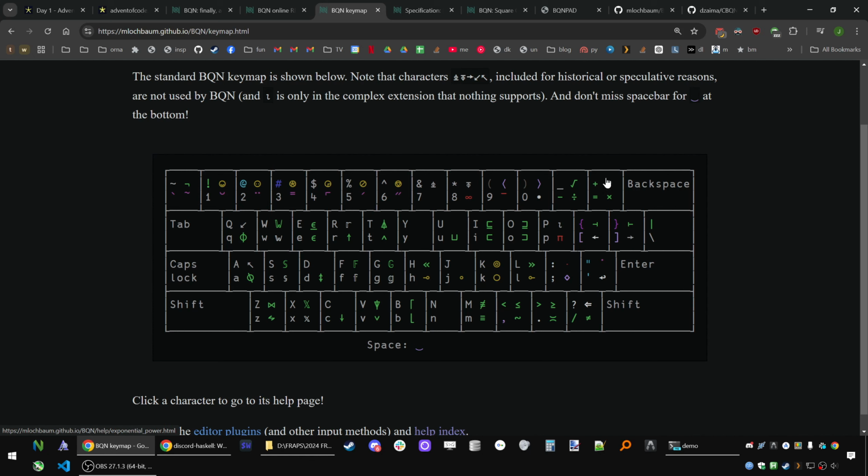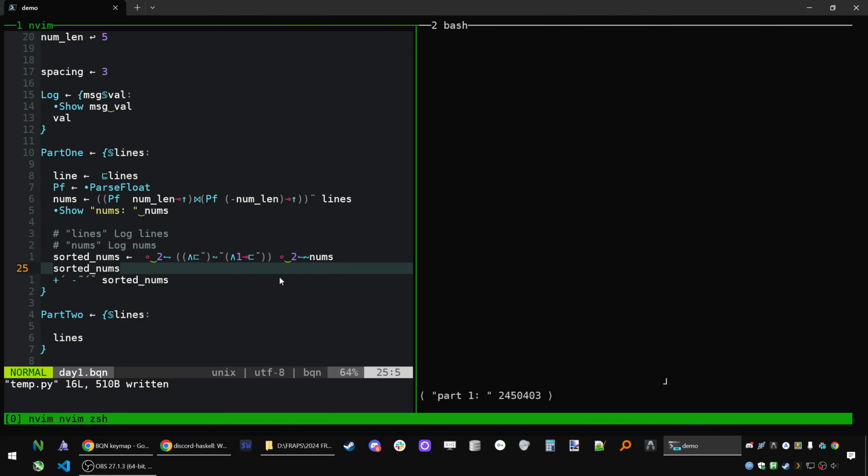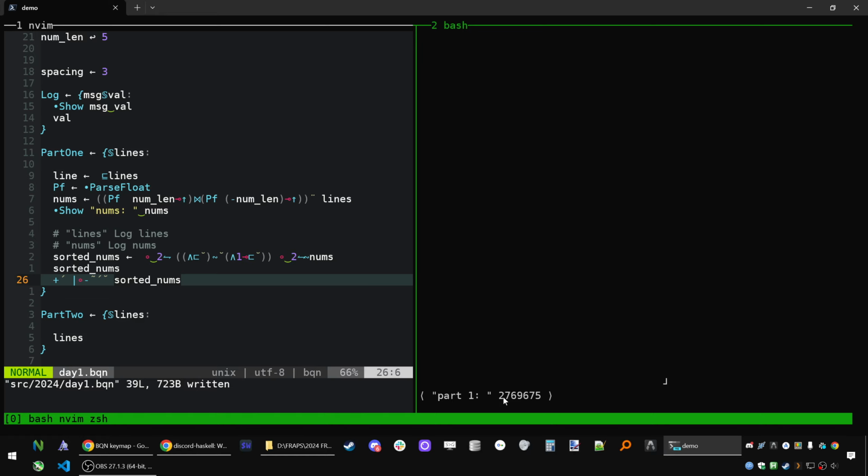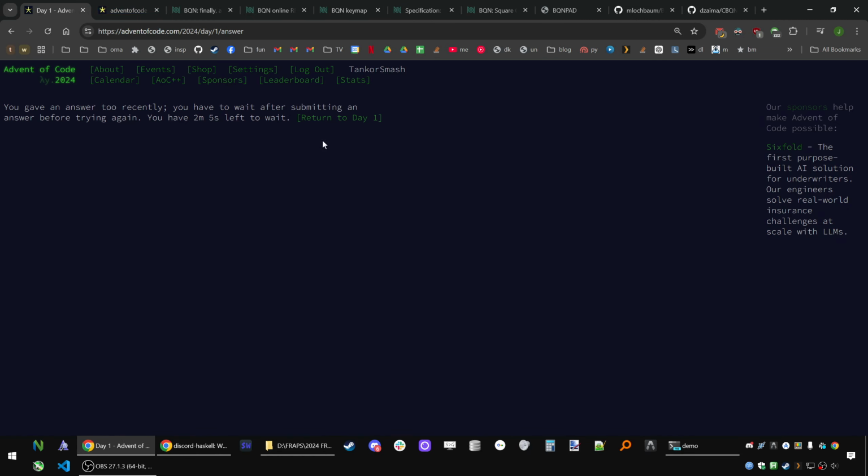I don't know what conjugate means. Sine, exponential. Is this abs? Oh, there it is. And do I have the abs of this? That looks like it. Did that take me 2 minutes to figure it out? Return to day one.